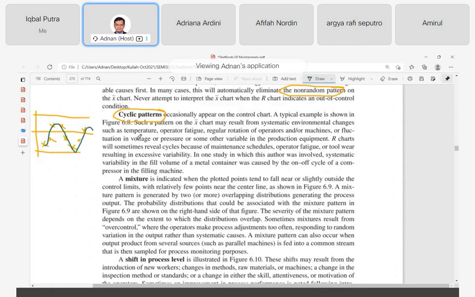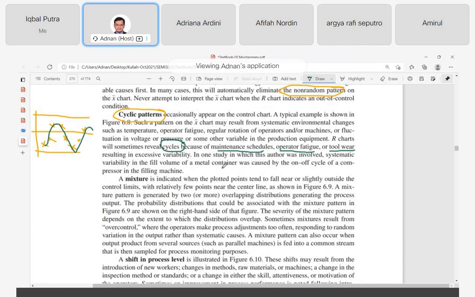So this is showing something. What happened? A possible reason for the cycle is perhaps the maintenance schedule has arrived and we need to do maintenance, or maybe the operator, the worker, is already fatigued. Maybe in the morning he works very well, in the afternoon his performance is down. Or also maybe tool wear.